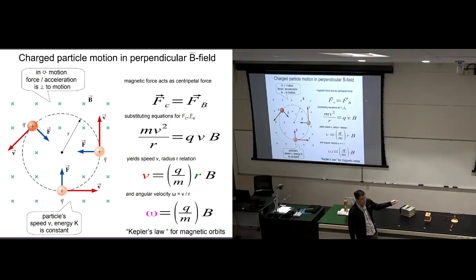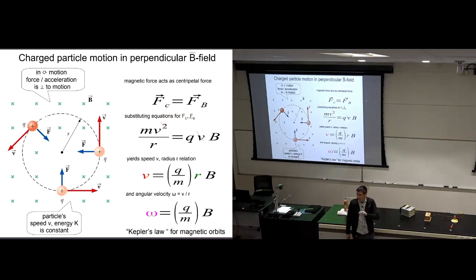Let's run with that. So this is the idea that we got out of the picture. The magnetic force FB is supplying a centripetal force, we call it FC. Let's equate our equations for the magnetic force and the centripetal force. Set magnetic force equals centripetal force. That's what I did in this line here. Magnetic force is qvB here.